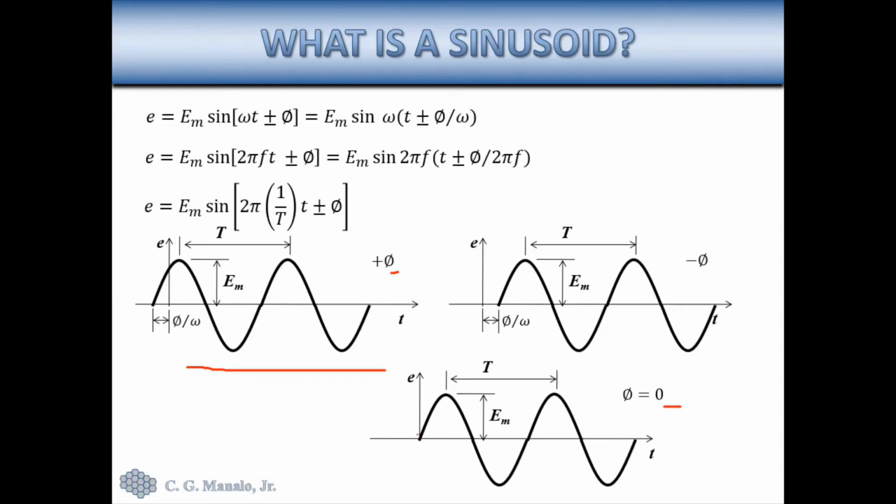If it is 0, we can draw it as starting at t equals 0. When it is positive, we can draw it as if it is starting before t equals 0, while if the phase angle is negative, we can draw it as if it started after t equals 0.